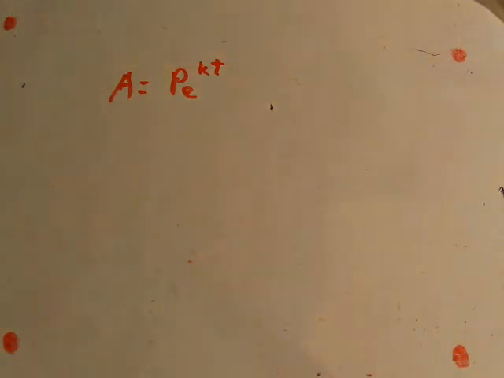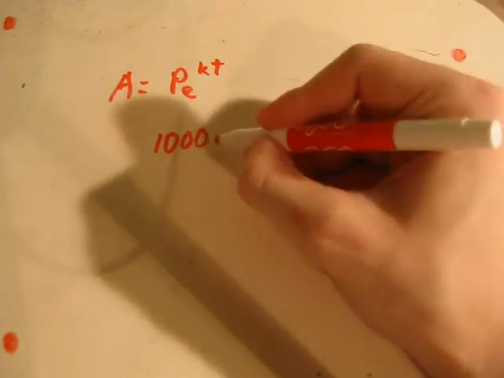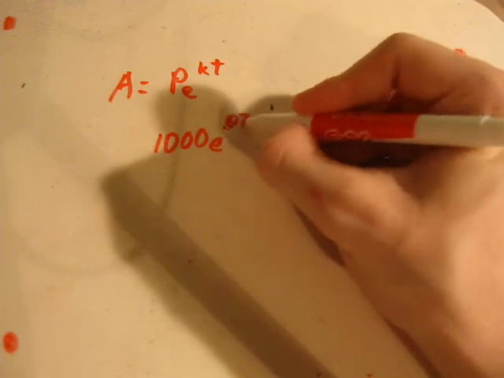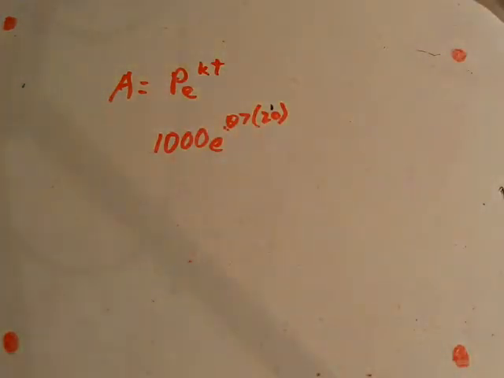K is your interest rate, and then t is your time. So let's say we do $1,000 at the same amount of time as all of the others.